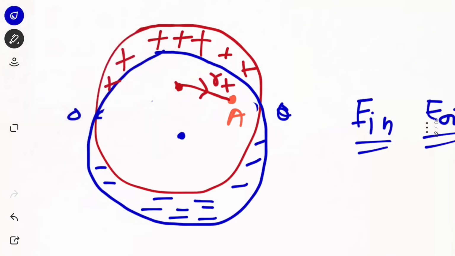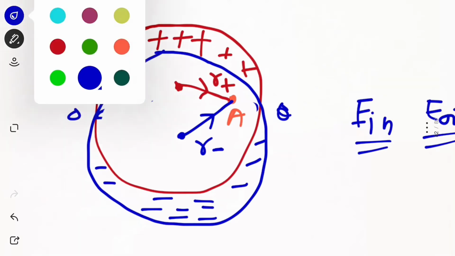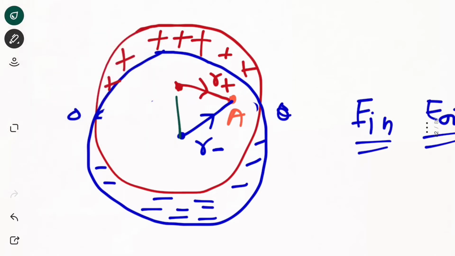Similarly, from the center of the negative sphere, I can draw the position vector and show it as R minus. Now there will be some space between the two centers, and I am representing that space as the D vector.